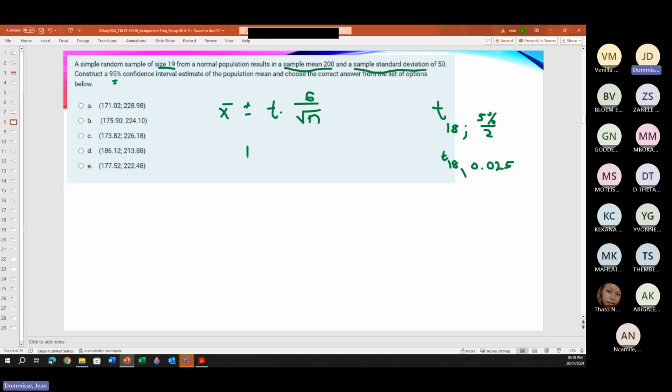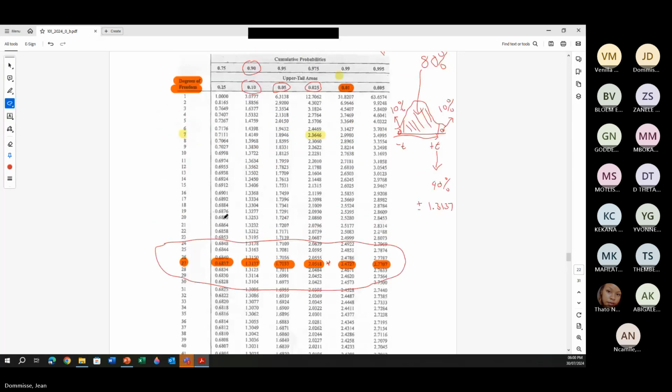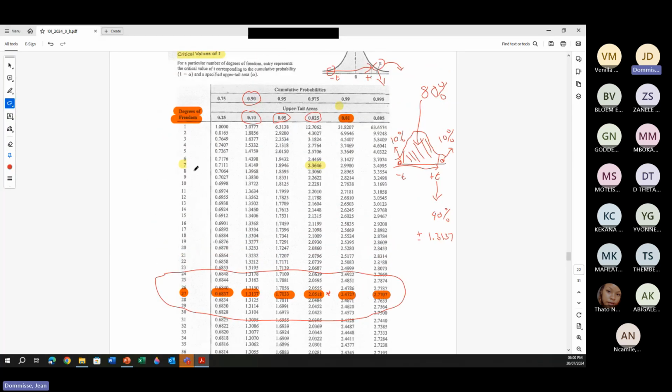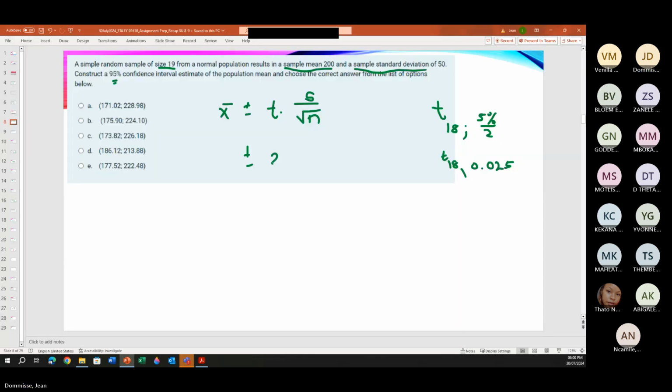T table, degrees of freedom of 18, 0.025. Let me just check 18, 0.025, so 2.1009.